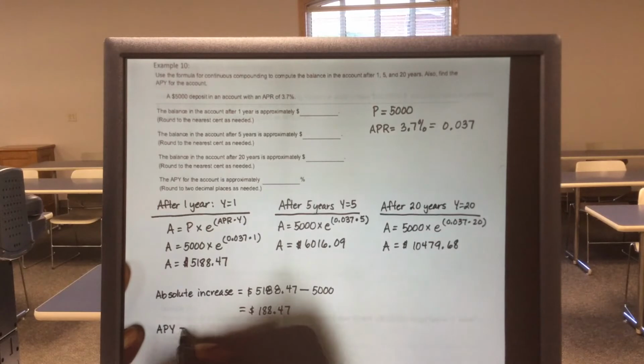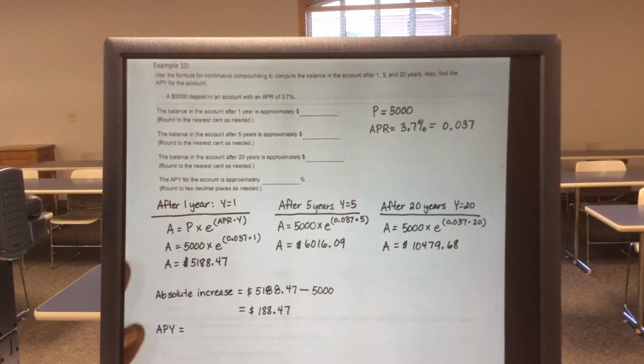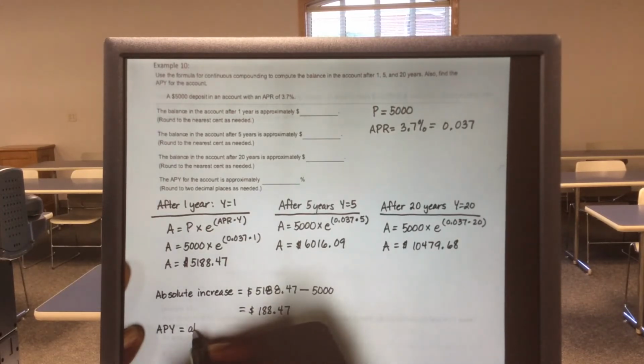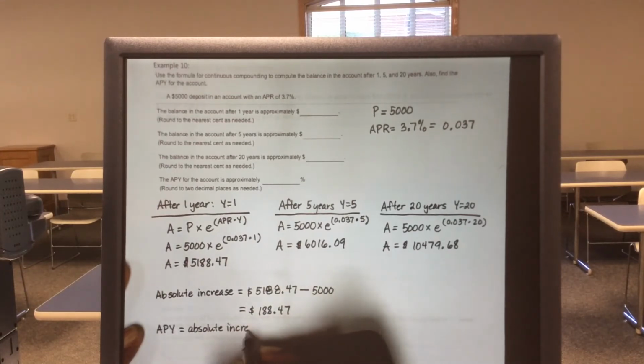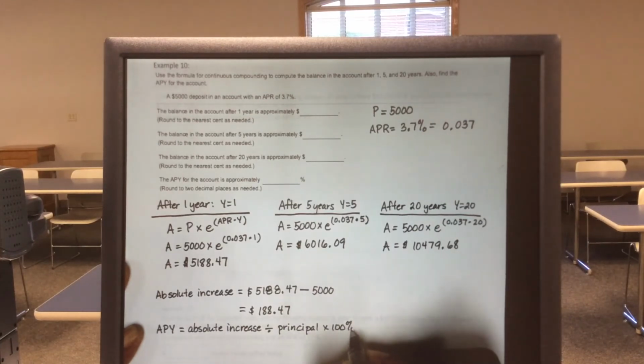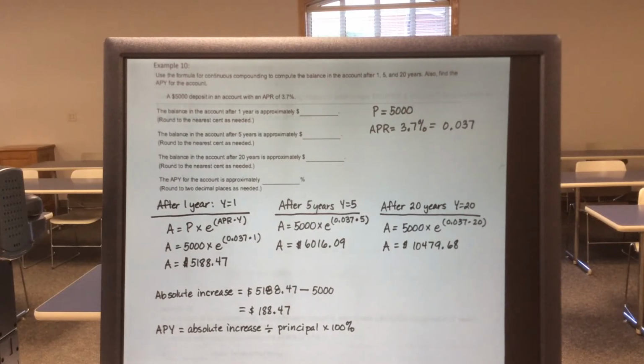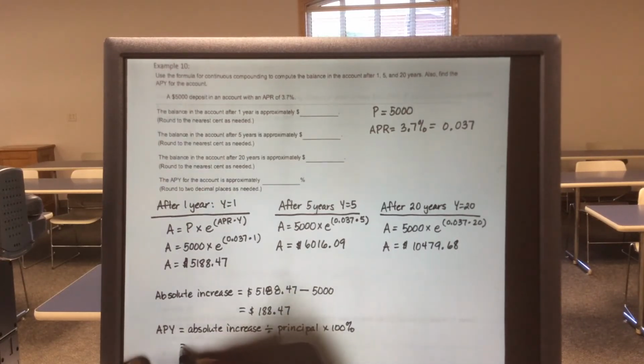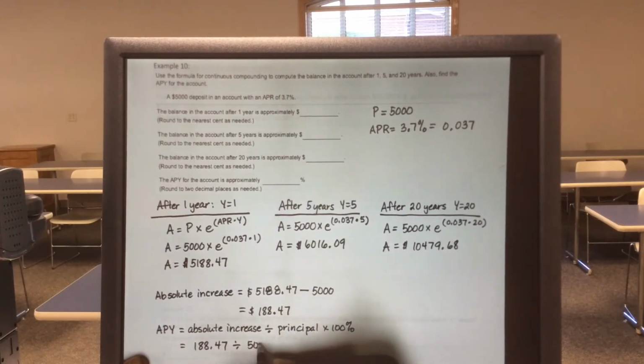To find the APY, or the annual percentage yield, we take the absolute increase, divide that by the principal, and multiply that by 100%. So your absolute increase was $188.47. Divide that by the principal of $5,000, and then times 100%.